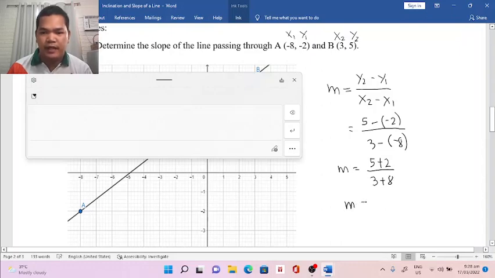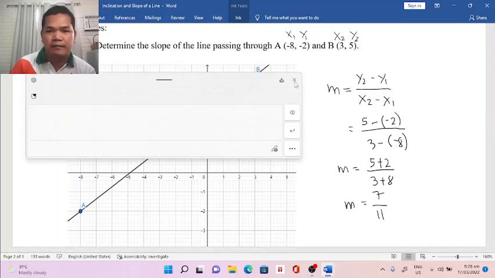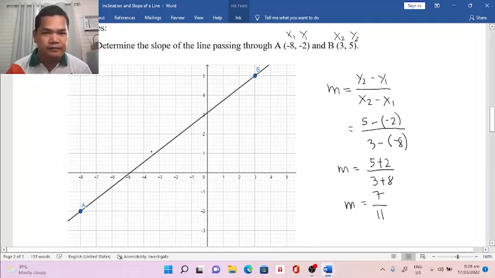Therefore, the slope is 5 plus 2 is 7, and 3 plus 8 is 11. So we have m is equal to 7 over 11. As you can see, the value of m is positive. If the value of m is positive, as you can see in our figure here, the line slants to the right.